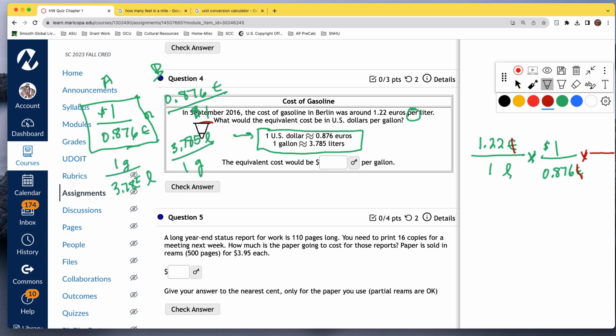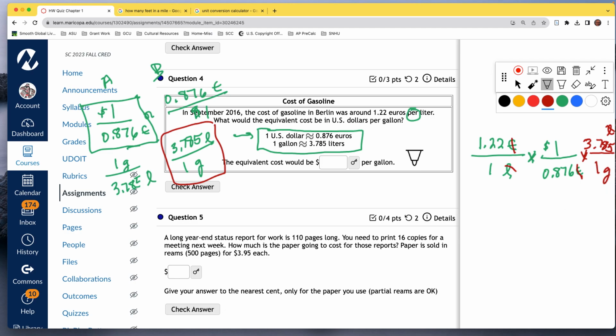I use the second one. So the liters have to be in the opposite direction. Since liters are in the denominator, I need liters in the numerator, so they'll cancel out. So I use my factor here, 3.785 liters, and my liters cancel. This liter cancels with that liter, and then in the denominator I have 1 gallon.